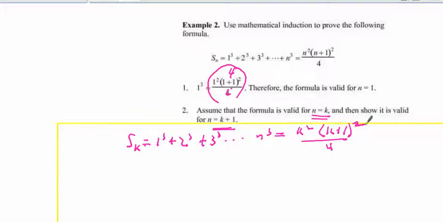So, if we can show this works for k plus 1 also, and it simplifies down to the same form, then we can conclude that this is the correct formula and it works all the time. So here we go.